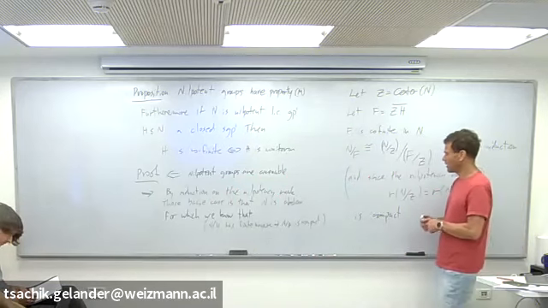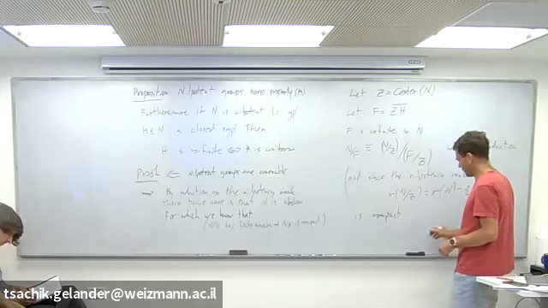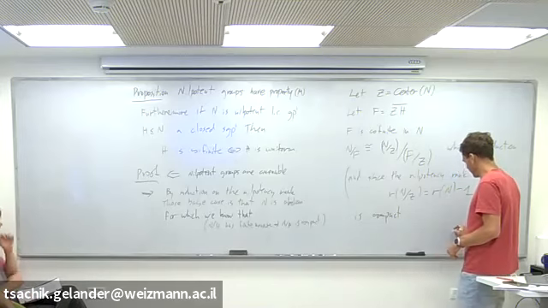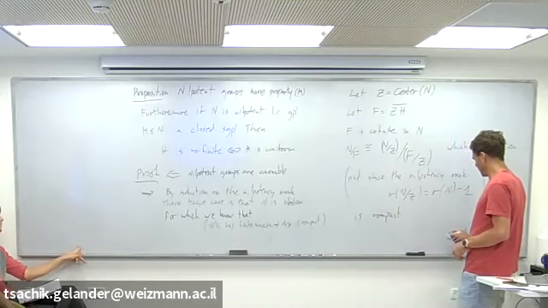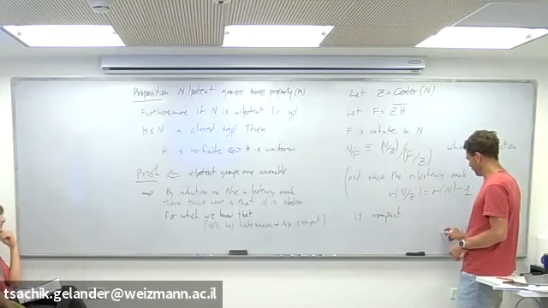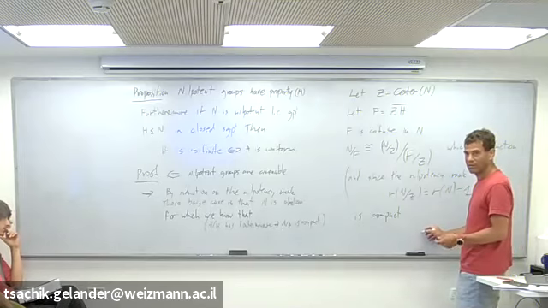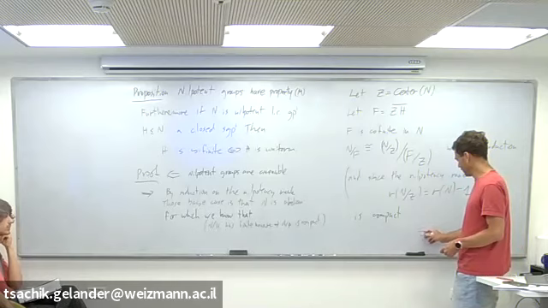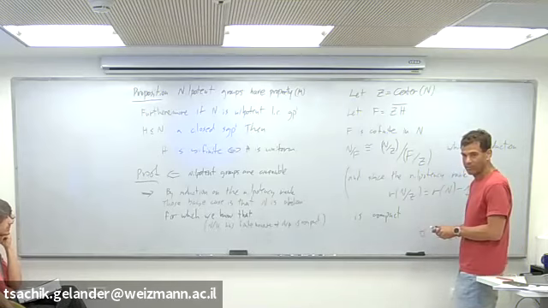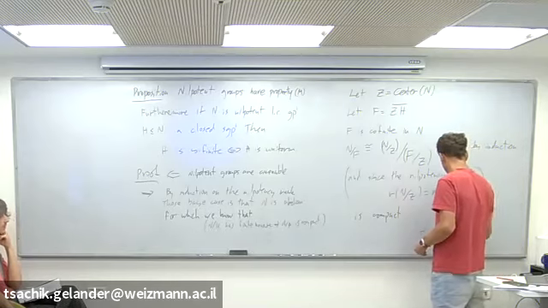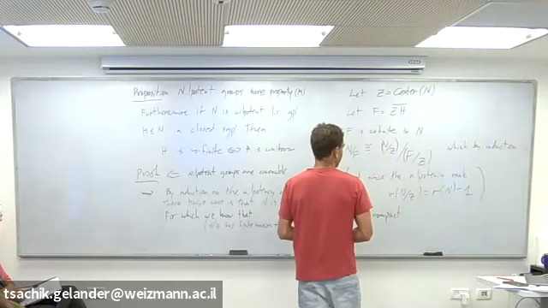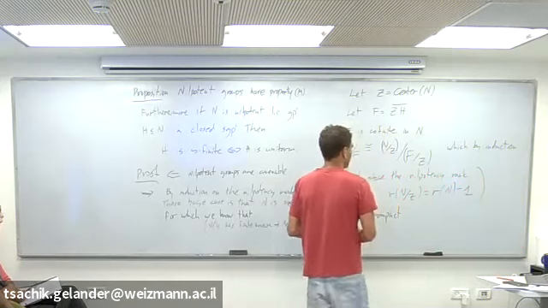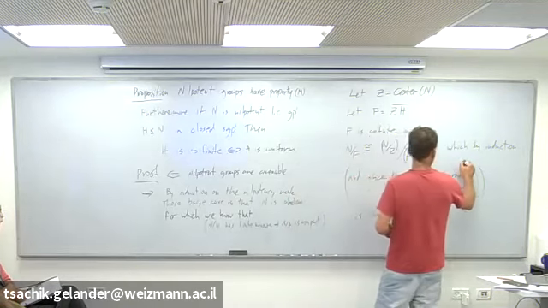So you have the center of N, which is contained in the preimage of the center. Yeah. So that is the nilpotency rank of N.